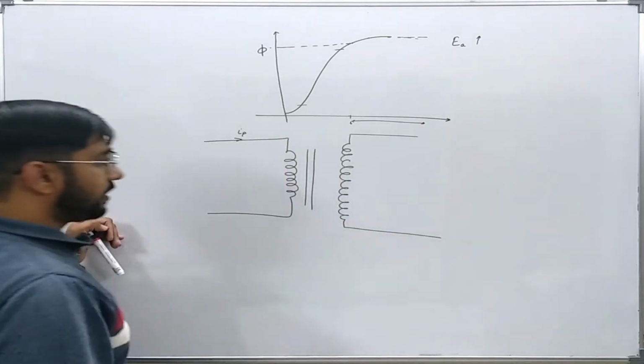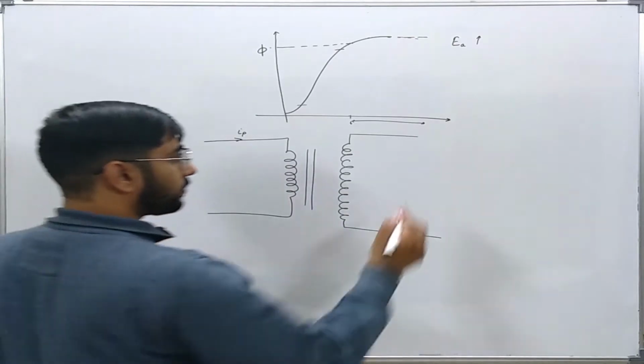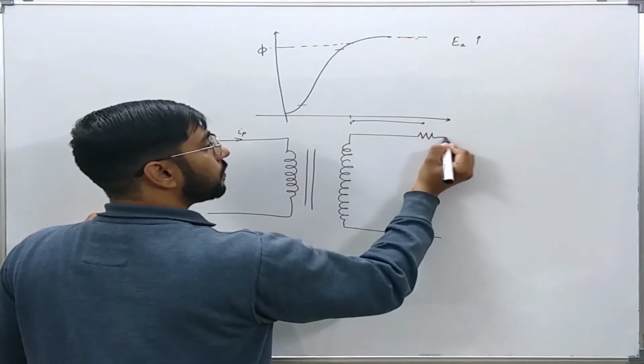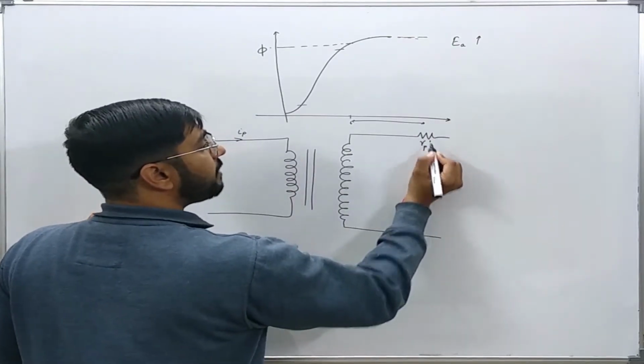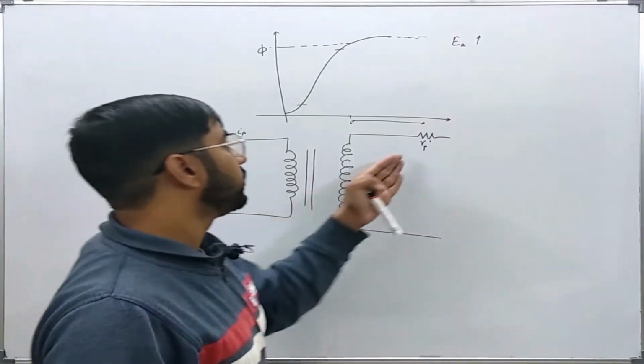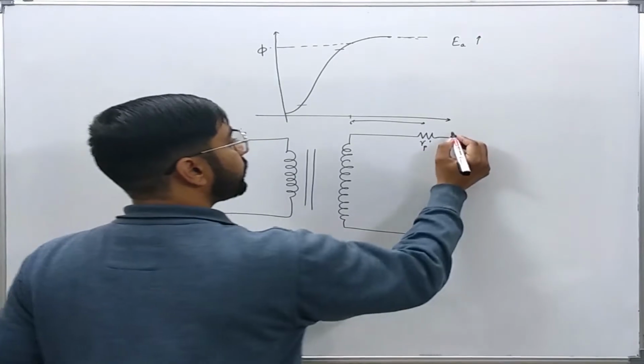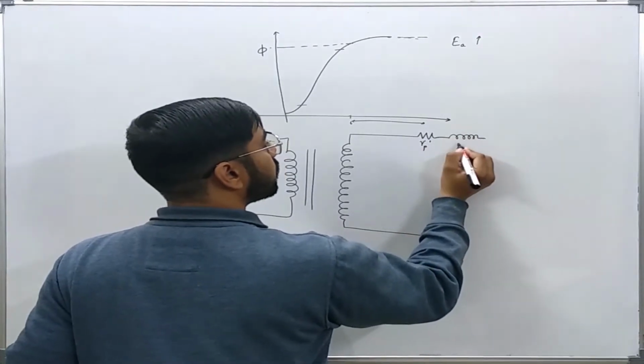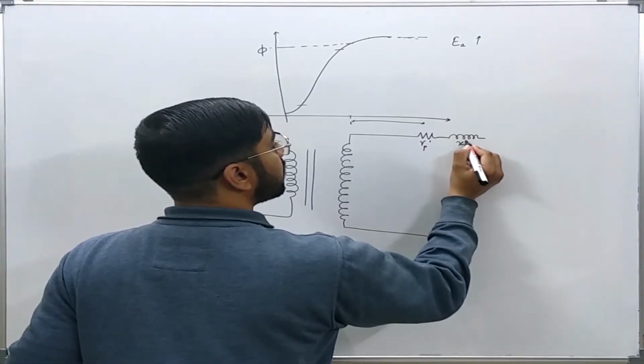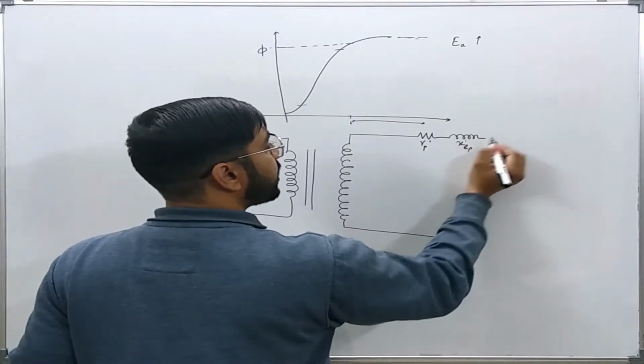This is an ideal transformer. Rp prime, that is the equivalent primary winding resistance referred to secondary, XL prime for the primary.